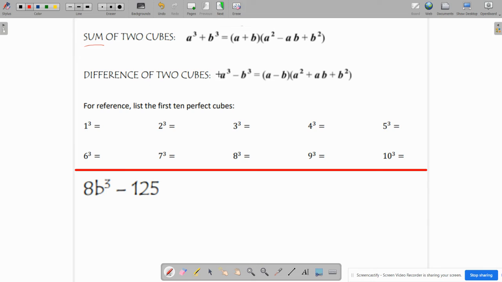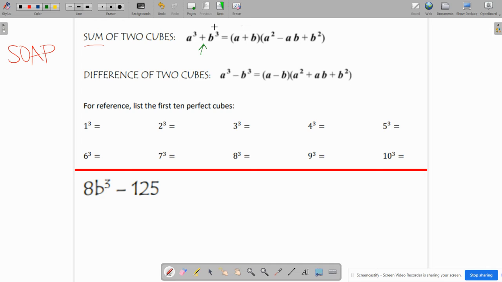And there's something that you can utilize here called SOAP. The reason that this is helpful is because it stands for same, opposite, always positive. When you have whatever the symbol is here, in this case the sum of two cubes, then you're going to use that symbol in this way.